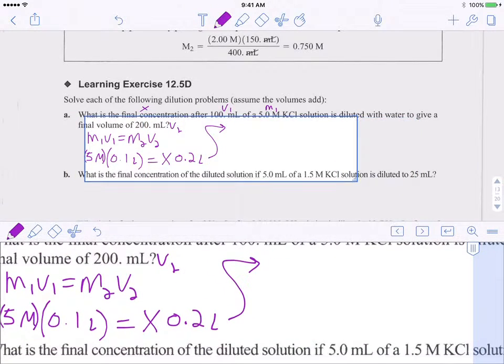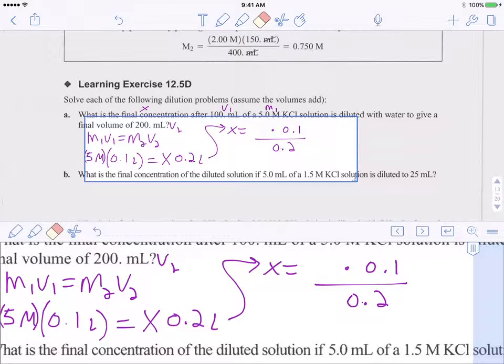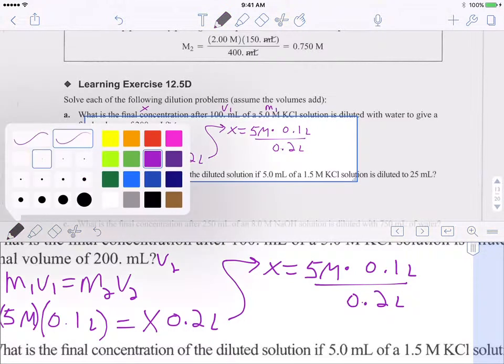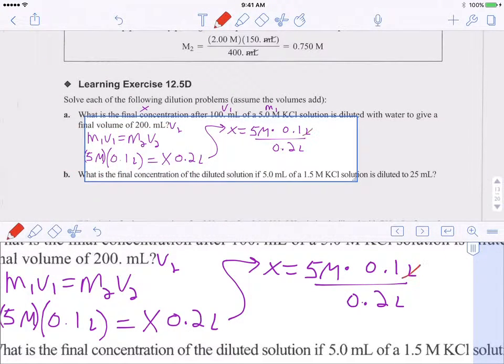Now let's solve that. That means X is going to equal 5 times 0.1 divided by 0.2. And this is, hold on, that was sloppy. 5 molar, 0.1 liters and liters. And of course, now I check my units, my liters will cancel, and I'm left with what I'm looking for, moles.